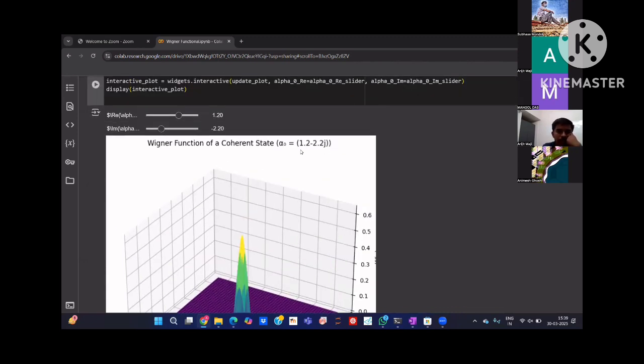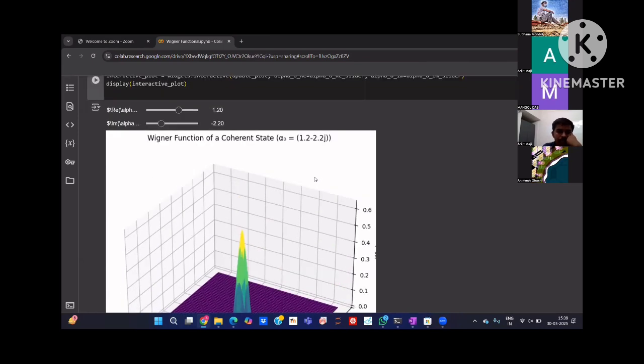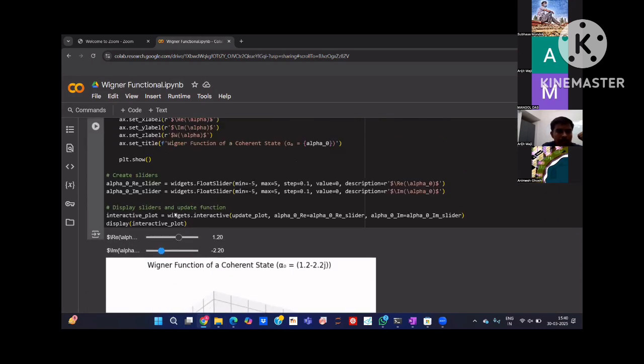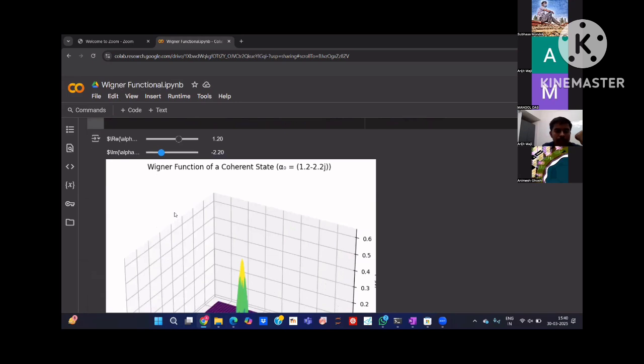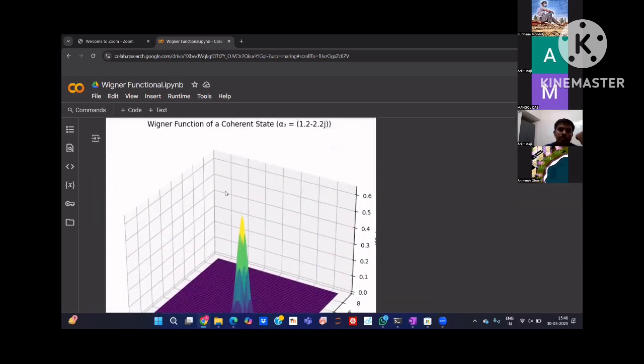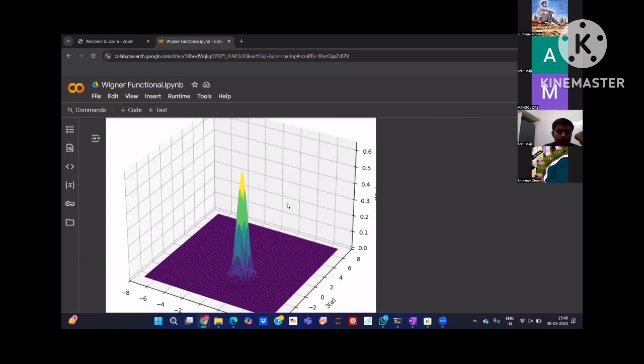For alpha equal to this number, the Wigner function will look like that. We can change the parameter here. If we change it, sorry for this moment, it's not working. But I have put the whole code in our report. We can check it later. And for this alpha 0 value, the coherent state will look like that. Now Animesh will take over for the final part.